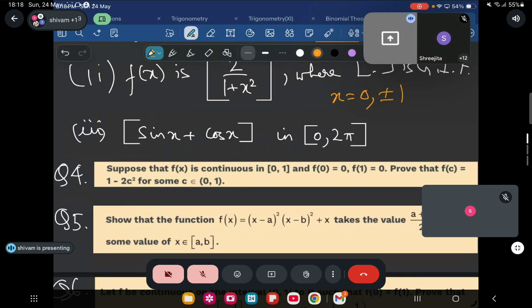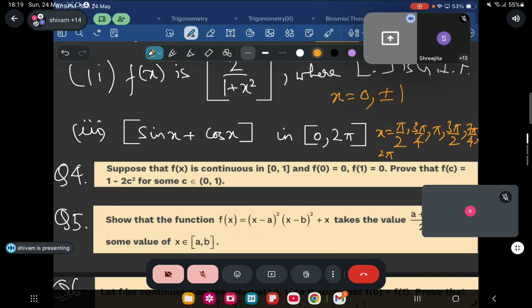Box of sin x plus cos x will be, let me see, over here. x equal to pi by 2, x equal to 3 pi by 4, x equal to pi, comma 3 pi by 2, comma 7 pi by 4, comma 2 pi.